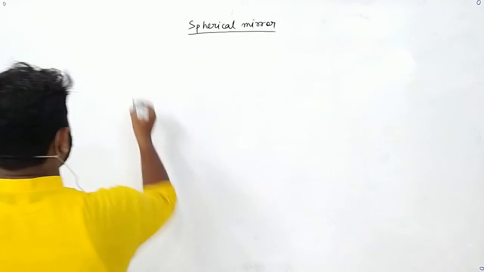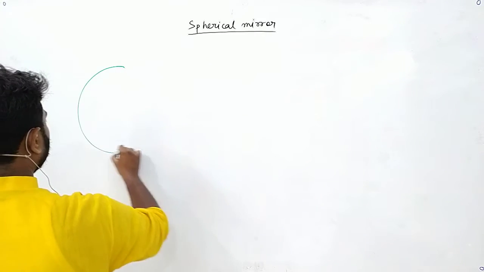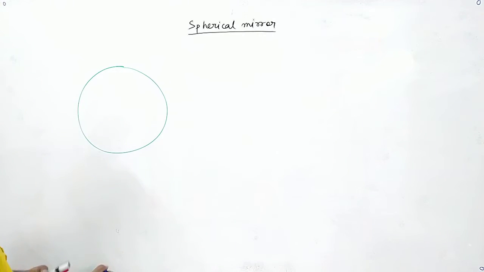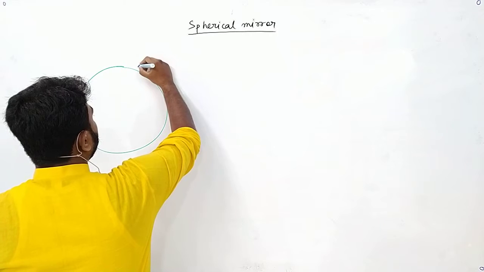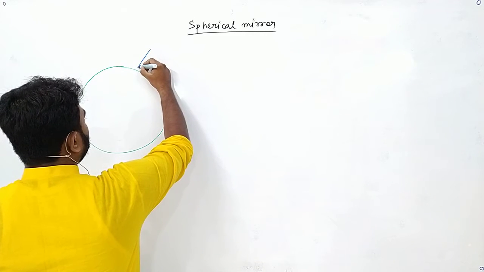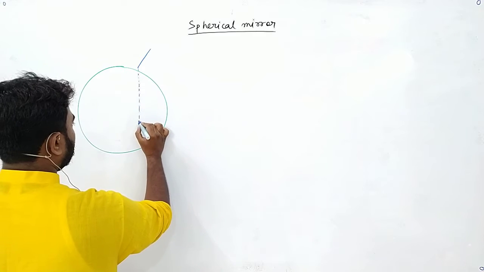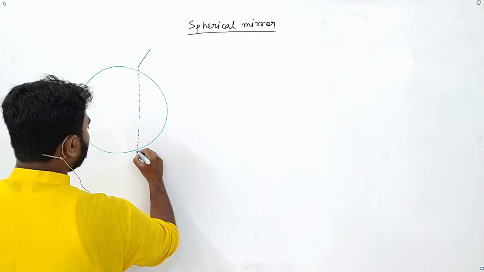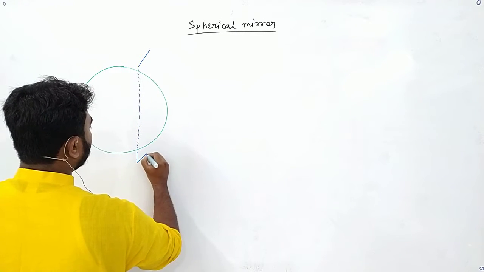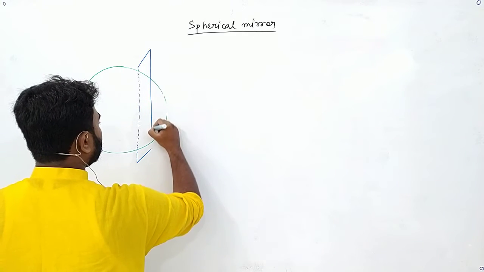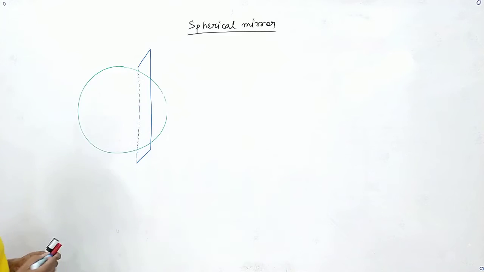Okay, we are dividing it from a lateral portion, a portion like this. Is that clear?